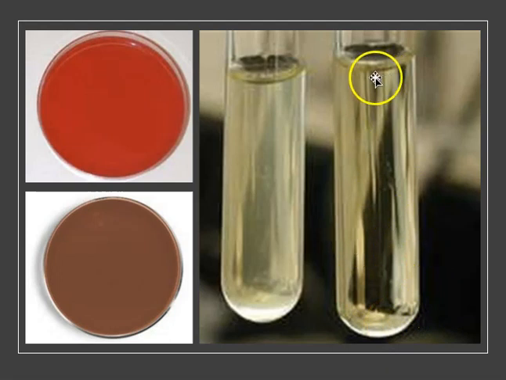If you were to hold a piece of paper behind this tube with writing on it, you'd be able to read the writing through the broth. But after you inoculate broth and incubate it, this happens. The broth becomes cloudy or turbid, as we say. This turbidity tells us that we've been successful in growing cells in here.